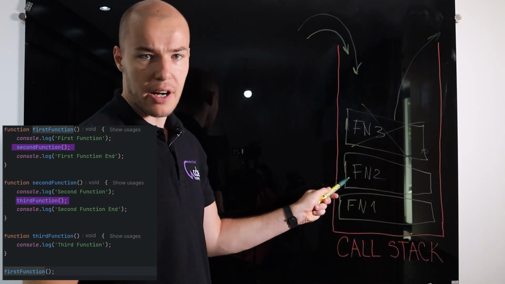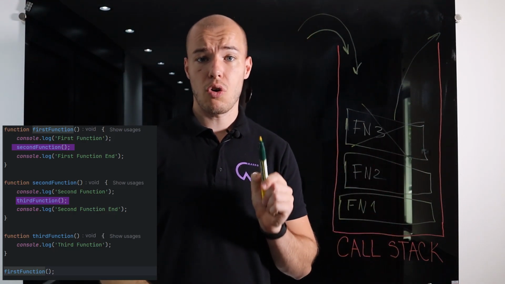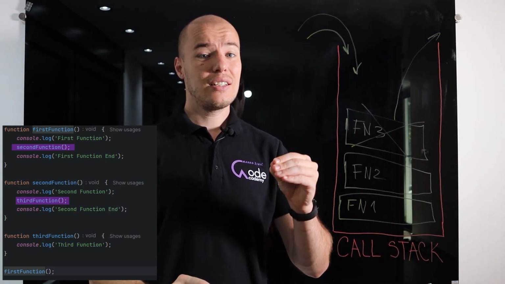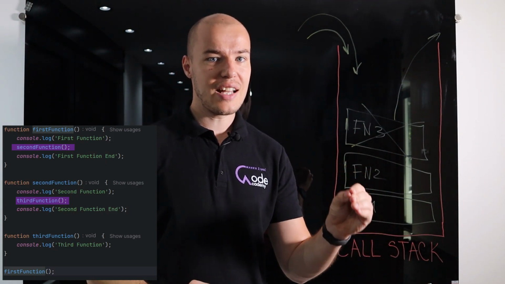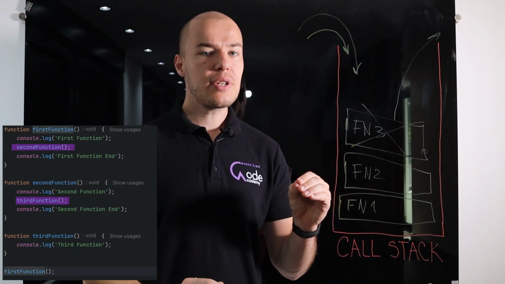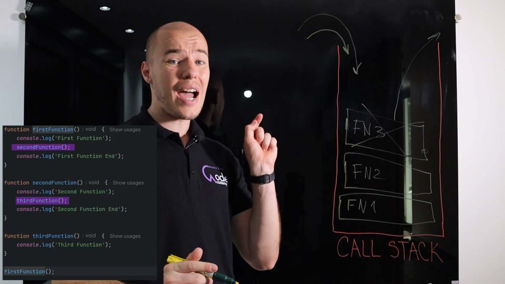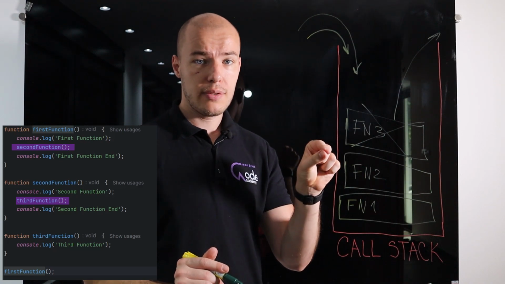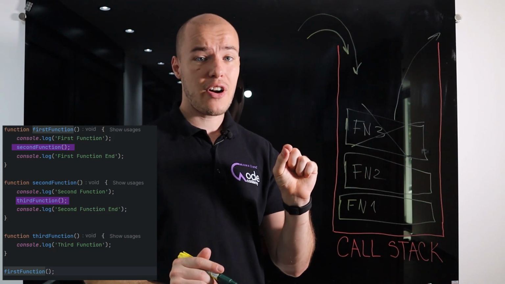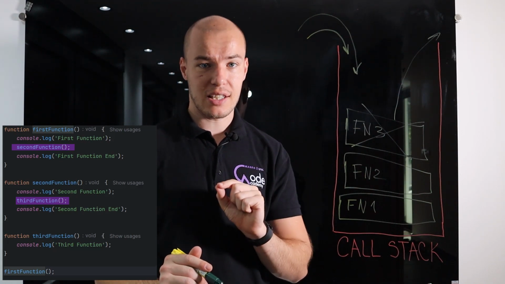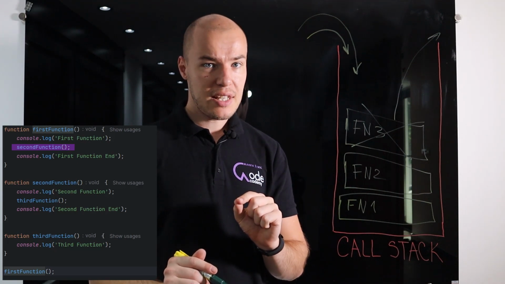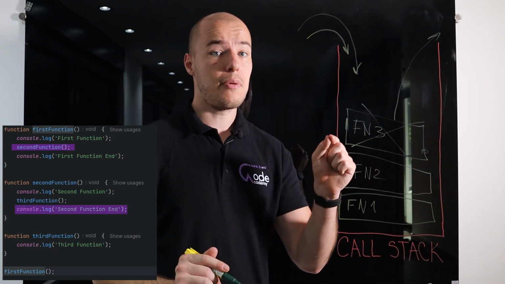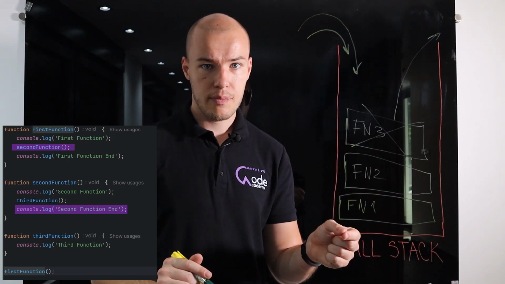Right now, the second function is on top of our call stack, and basically, once that function number 3 is done executing, we will return to the point in our code right here where it was invoked, and then the second function will keep executing. That means that we will then print the end of second function message to our console.